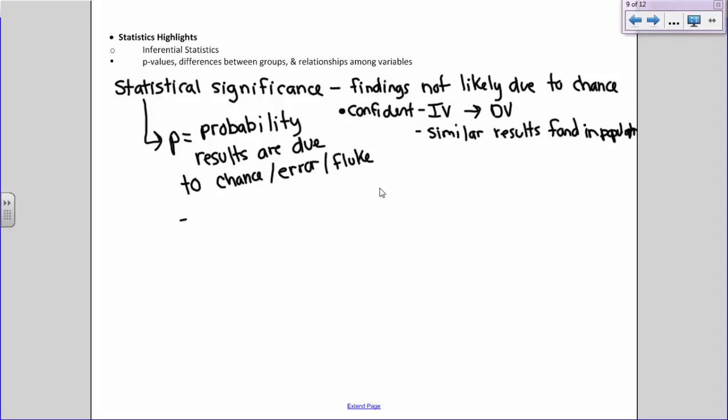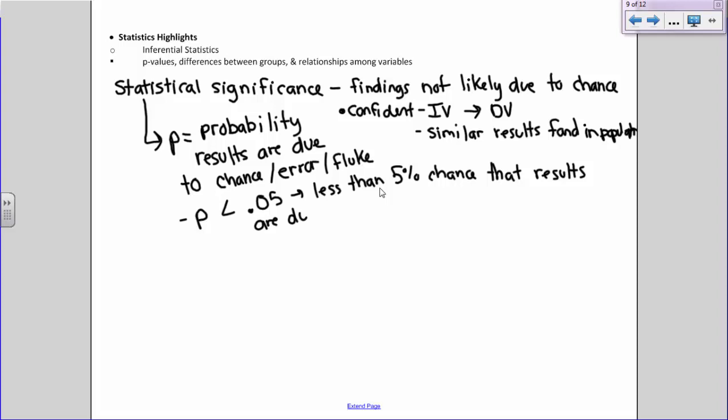Specifically, if we have a p-value that's less than 0.05, that means there's a less than 5% chance, 0.05, 5%, that results in the study are due to error. So then we would call that a statistically significant finding. Okay?